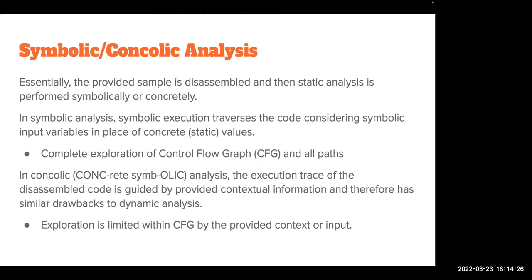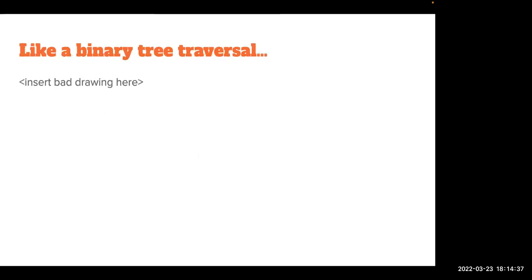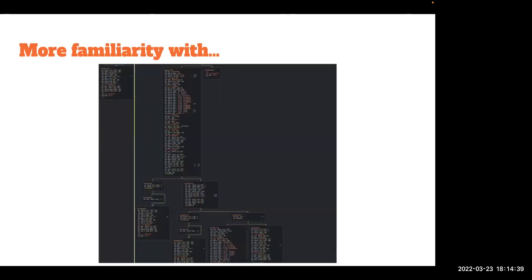And another part of what makes it concolic or concrete is that, I'll pull up the image, or do I have it? I was going to draw it, but I'm a terrible drawer.